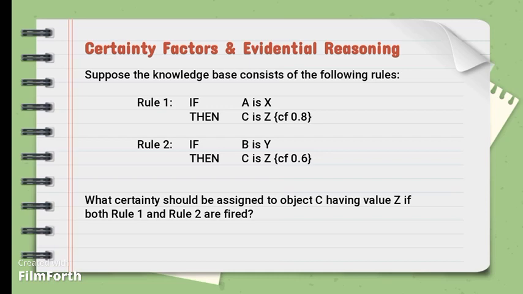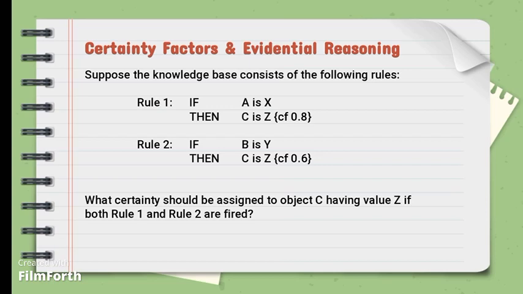When the same consequence is obtained as a result of execution of two or more rules, the individual certainty factors of these rules must be merged to give a combined certainty factor of a hypothesis. So what certainty should be assigned to object C having the value of Z if both rule number 1 and rule 2 are fired?